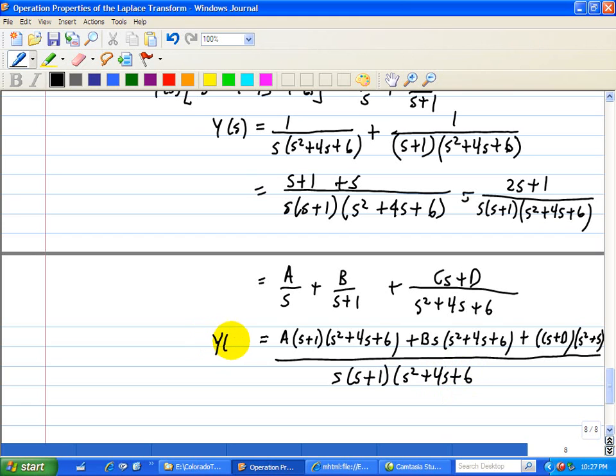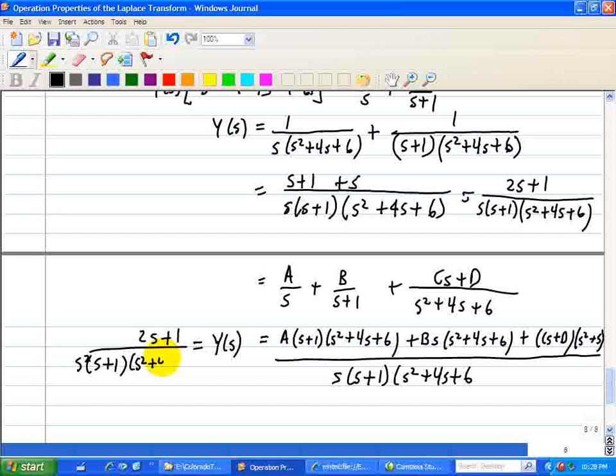That's equal to Y of s, which is equal to 2s plus 1 all over s plus 1 times s squared plus 4s plus 6. Okay, since the denominators are exactly the same, we can just look at the numerators.